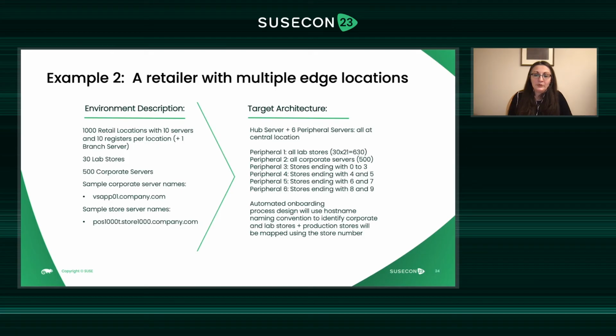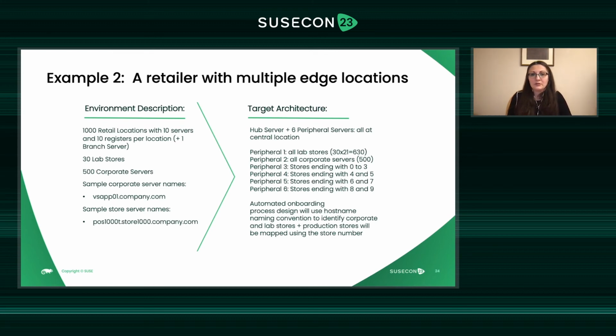And our peripheral 3 is going to manage stores ending with numbers 0 to 3. And our peripherals 4, 5, and 6 are going to manage stores ending with digits 4, 5, 6, 7, and 8, 9, respectively.